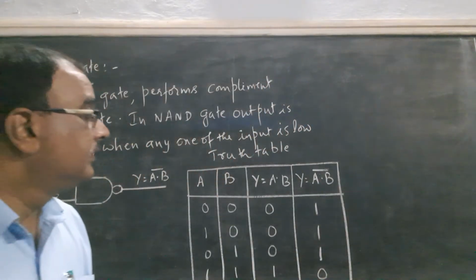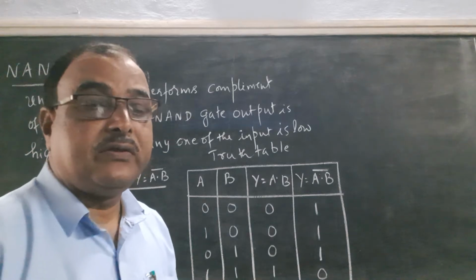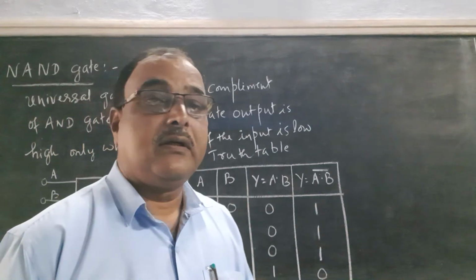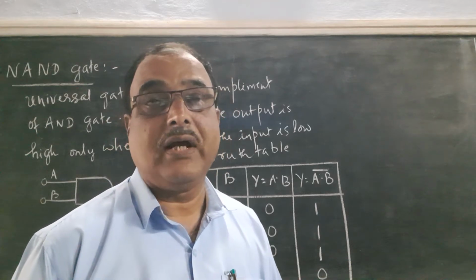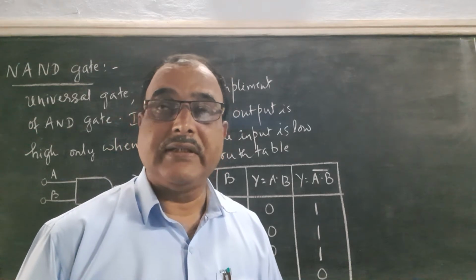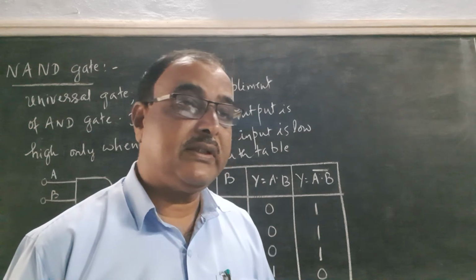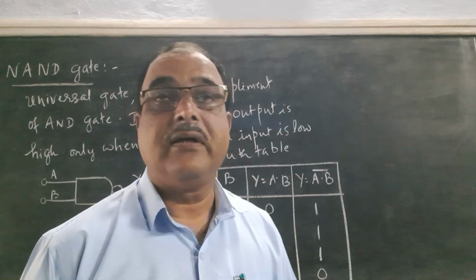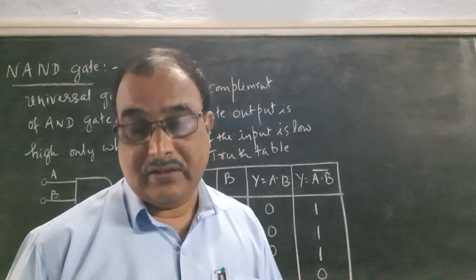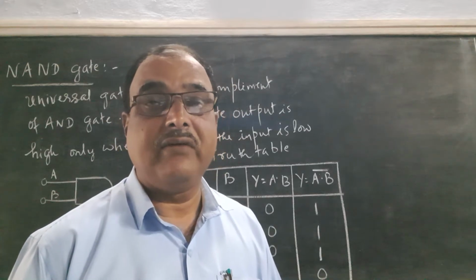Dear students, in the previous class you have seen three basic gates, that is AND, OR and NOT gate. In case of NOT gate, you have seen that it is performing the negation operation. That means when input is low, the output is high and vice versa.